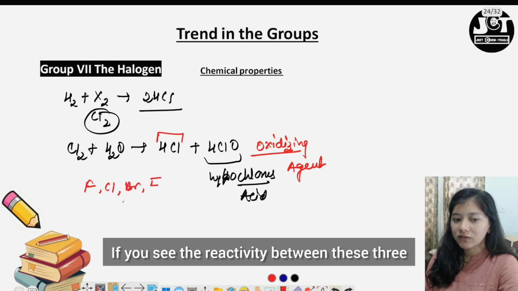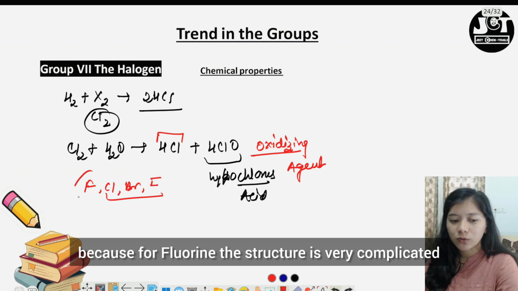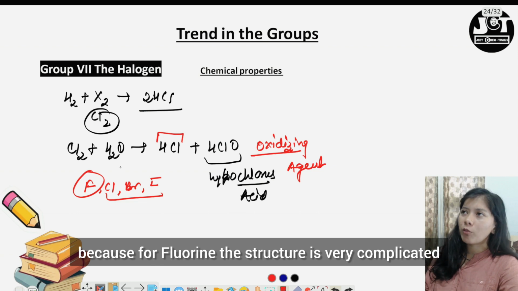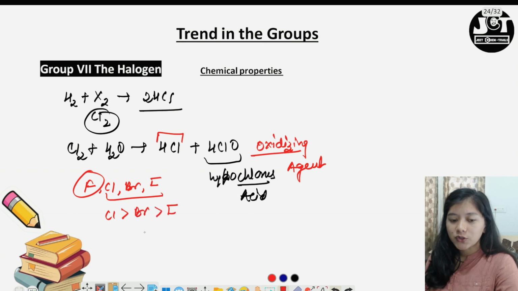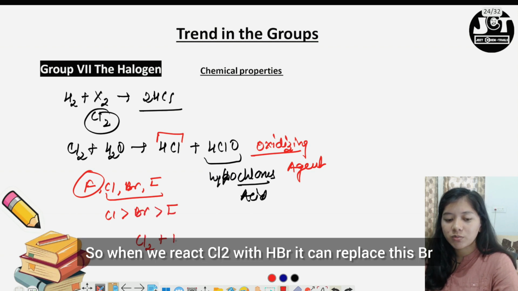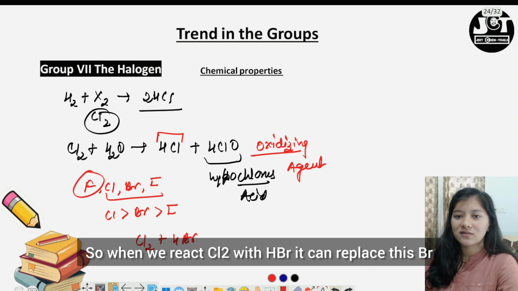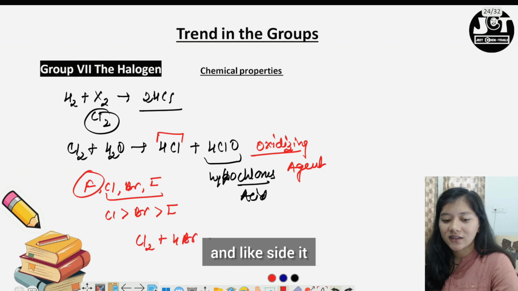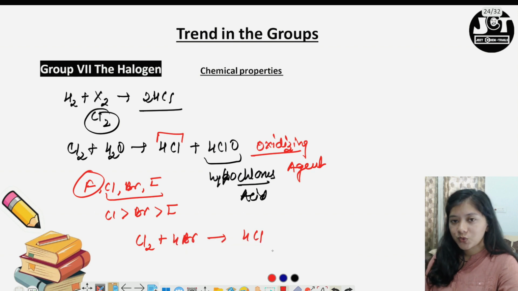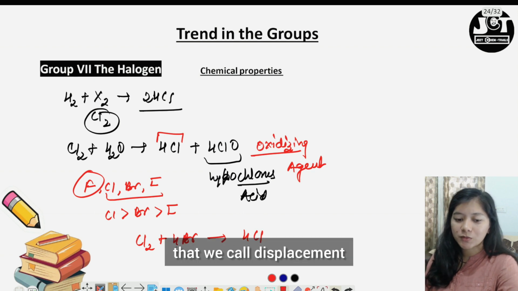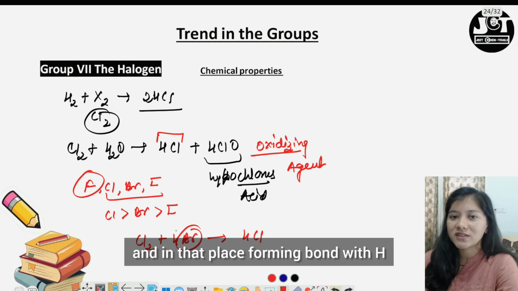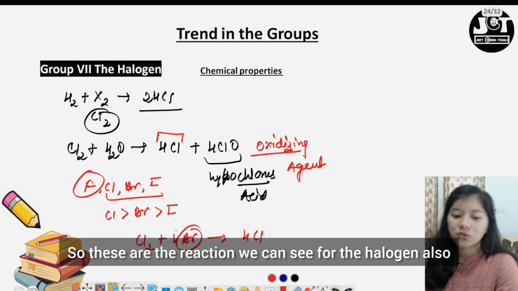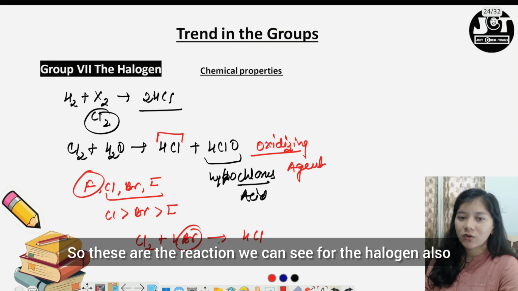For fluorine the structure is very complicated and unstable, so Cl will have higher reactivity than Br and then I. So when we react Cl2 with HBr, it can replace the Br and form HCl. That kind of reaction we call displacement, because Cl is displacing Br and in its place forming a bond with H. So these are the reactions we can see for the halogens also.